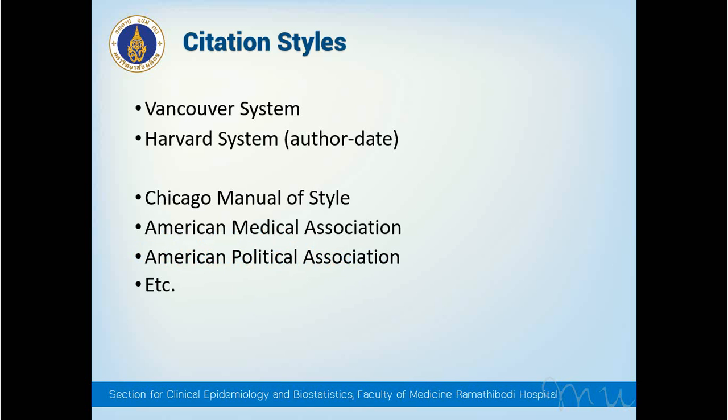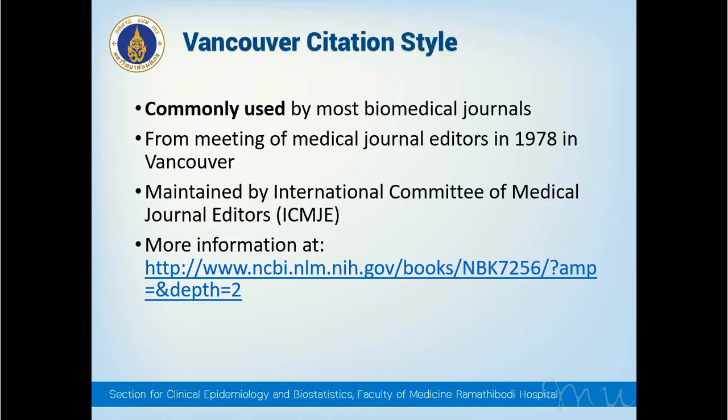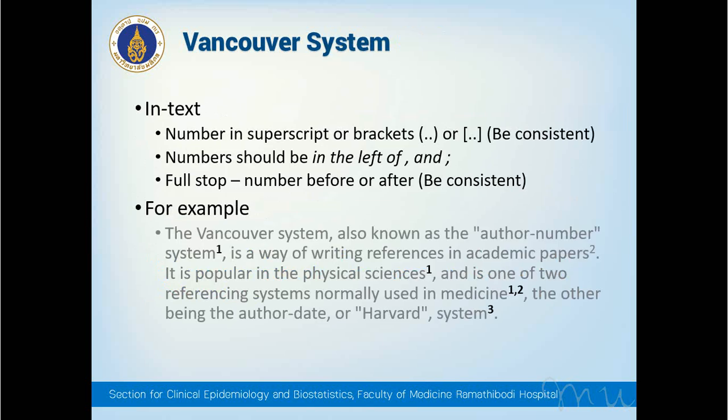In any case, when you're writing a manuscript, you need to conform with the publication guideline of each journal. Usually in Mahidol University, we use the Vancouver style. To remind you, in Vancouver style, in the text you use numbers increasing from 1, 2, 3, and so on until you reach the maximum number that you want to put the reference in.